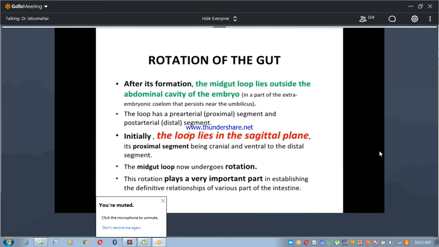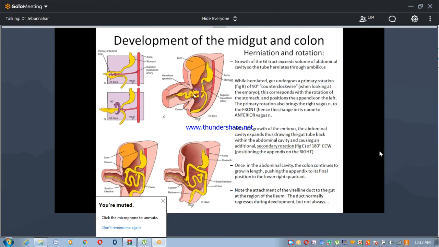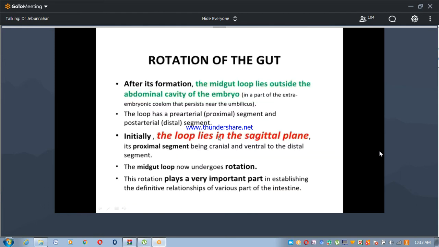The loop has a pre-arterial or proximal segment and a post-arterial or distal segment. Initially, the loop lies in the sagittal plane, the proximal segment being cranial and ventral to the distal segment.